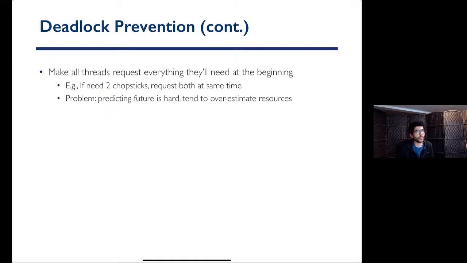This is breaking the wait and hold, because if you ask for all the resources at once, then you're not going to find yourself holding some resources and waiting for others, because you have all the resources that you wanted at the beginning. You got all of them, so there should be no waiting anymore.